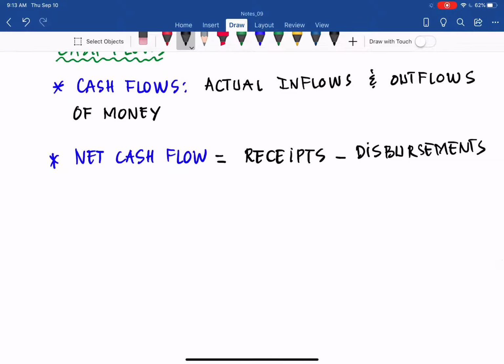Or, of course, it equals cash inflows minus cash outflows, just like water inflow and water outflow.